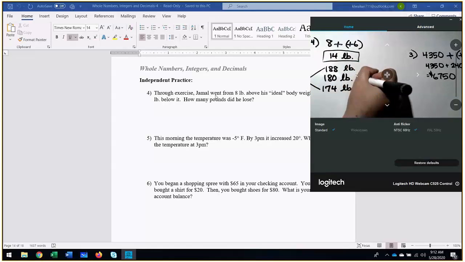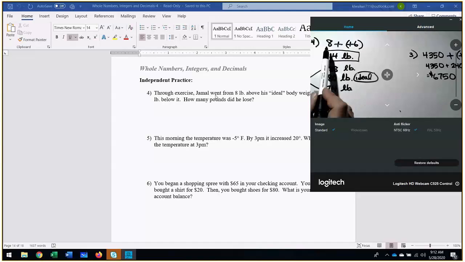This is ideal. I'm just making it up. If he started 8 pounds above and ended 6 pounds below, then 188 minus 174 should be 14, and it is. That's how this works, and that's why it translates the way that it does.